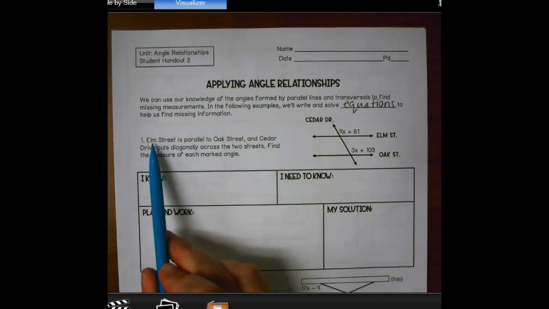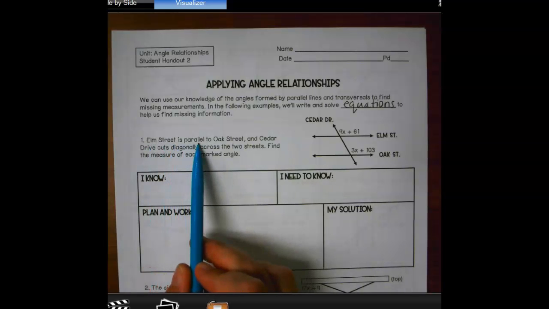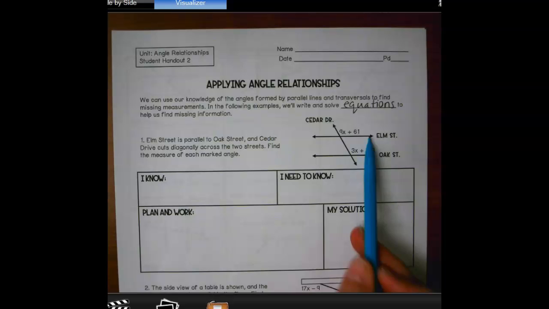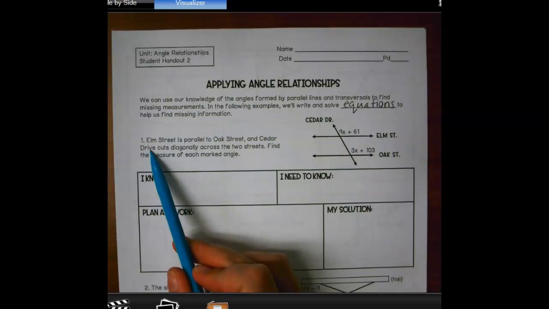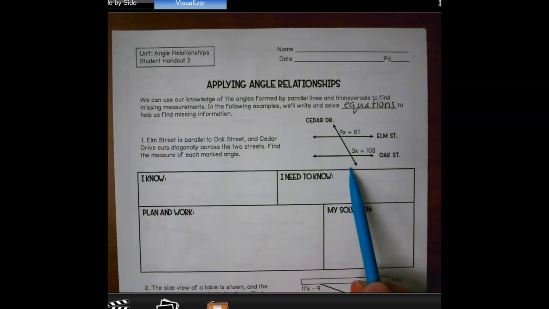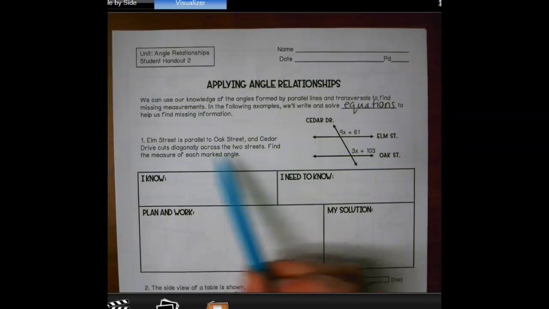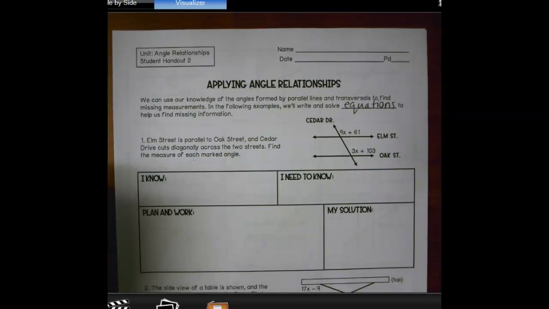Okay, so number one says Elm Street is parallel to Oak Street. So we have Elm, we have Oak, and Cedar Drive cuts diagonally across the two streets. Find the measure of each marked angle. So what do I know?